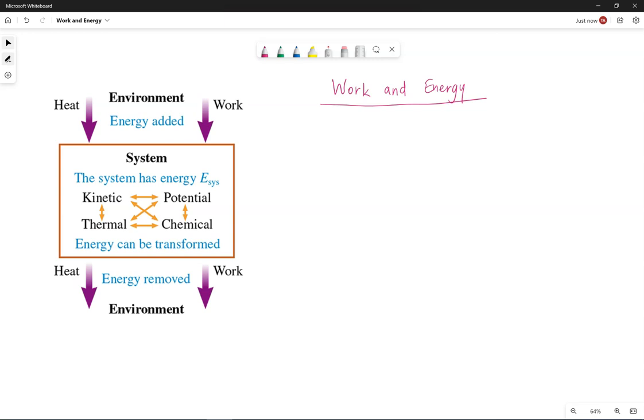When we look at this diagram on the left, a system is any object or combination of objects that are moving or can move or will move or were moving. Some sort of system that we're going to analyze the motion of. So with work and energy, we're going to be analyzing motion.